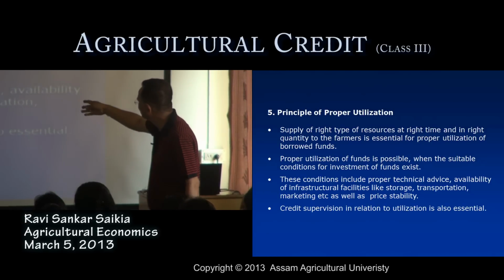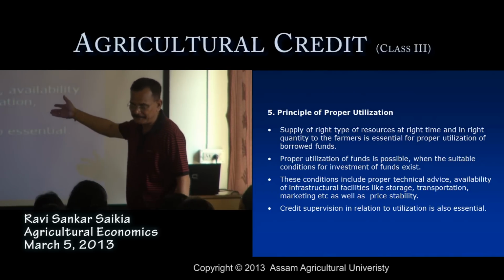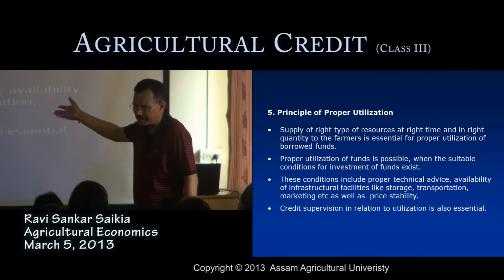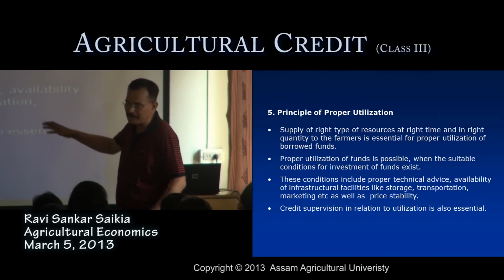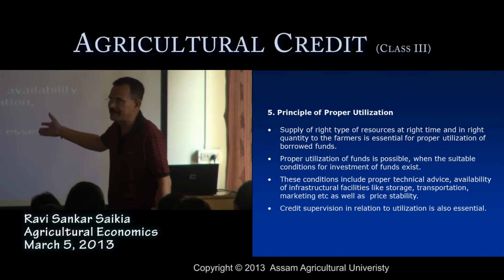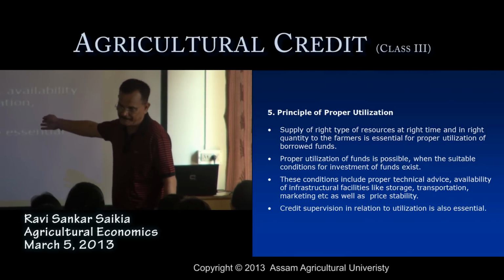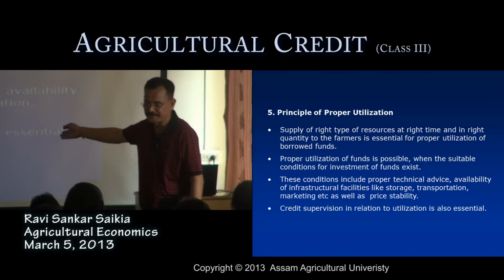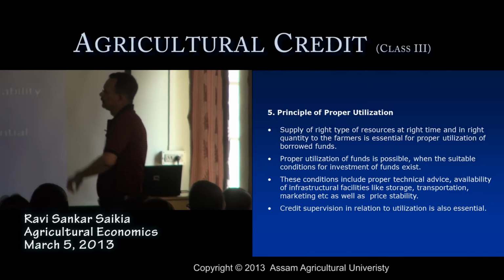They may help with transportation and storage. Storage helps the farmers get a better price, selling the products at the right time at the right price. All these things can be combined in an integrated manner. All these things are examined by the banking organizations, which help the farmers take advantage of these facilities. And this comes under the principle of proper utilization.